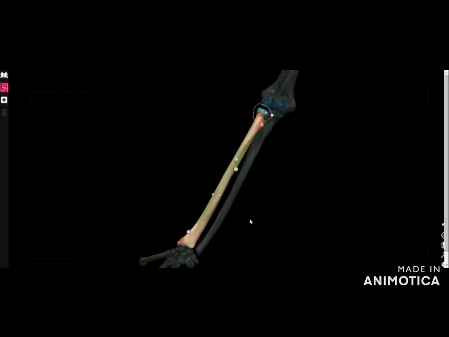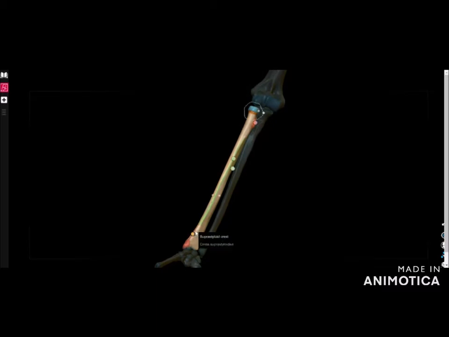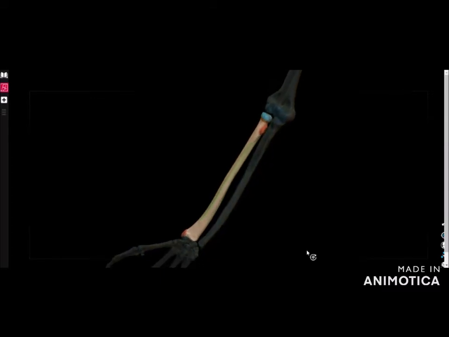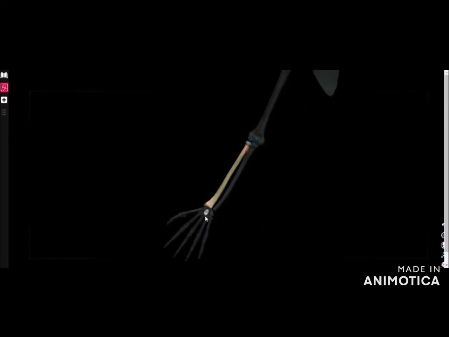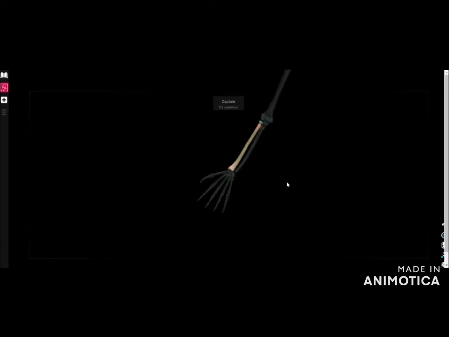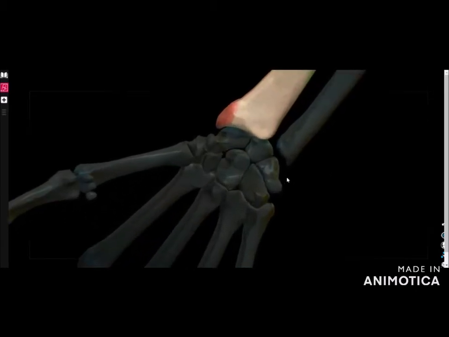We have sort of the distal end, and right here is the styloid process associated with that. And you can take a look here and see that between the styloid process, which is over here on the ulna, and the styloid process that's on the radius, that is holding our wrist into position.